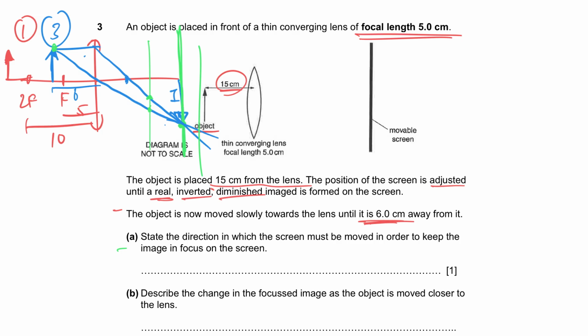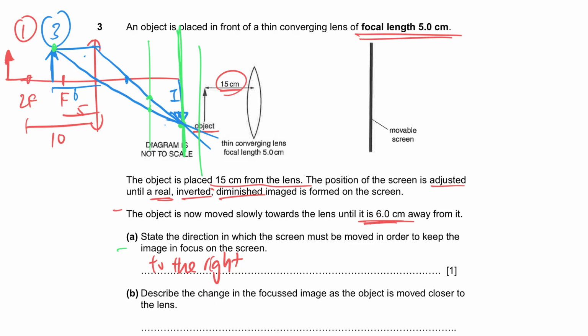As the object moves from more than 2F to 2F to between F and 2F, as the object moves nearer to the lens, the image will move further away from the lens. It moves to the right as the object moves to the right also. So if you know that, the screen has to be moved to the right. All right, this is something that you must know, and know the pattern, know the 4 scenarios very well.